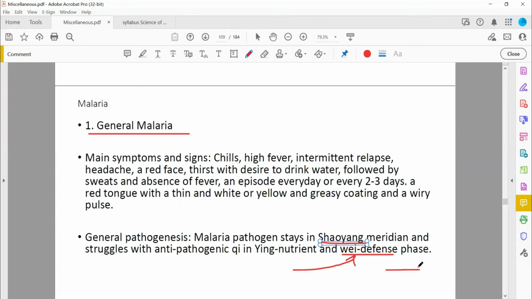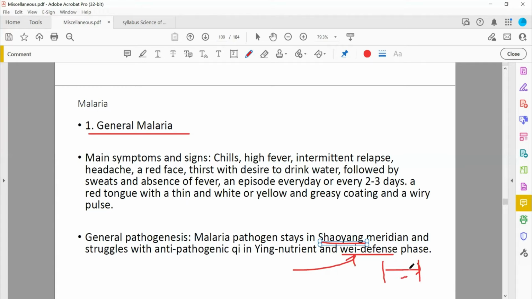And they come into the body between the interior and the exterior, and it cannot go deeper into the interior. Like it's stuck there between the interior and exterior.